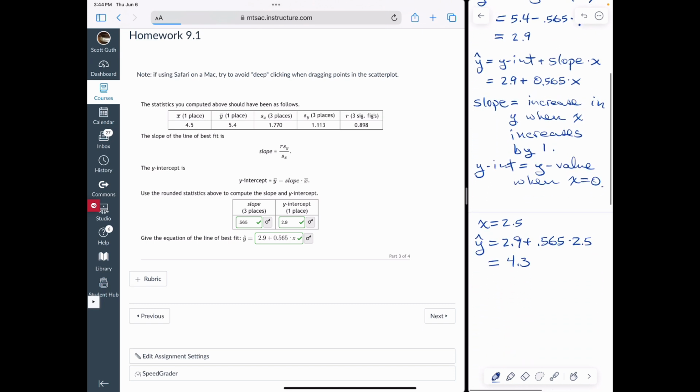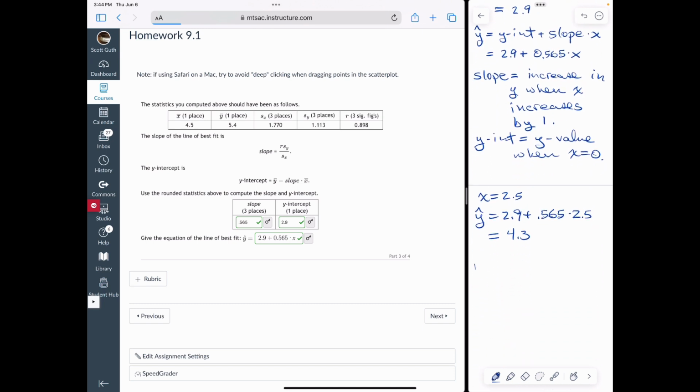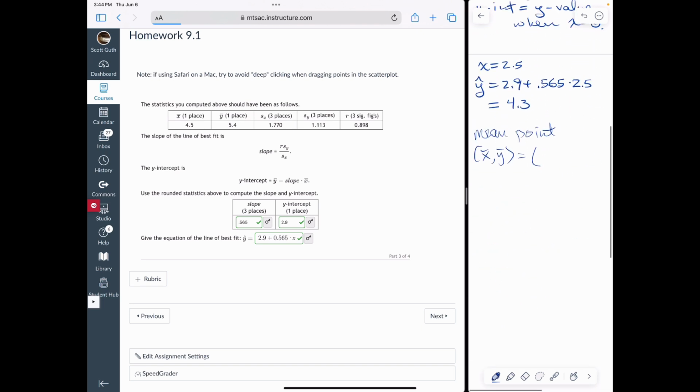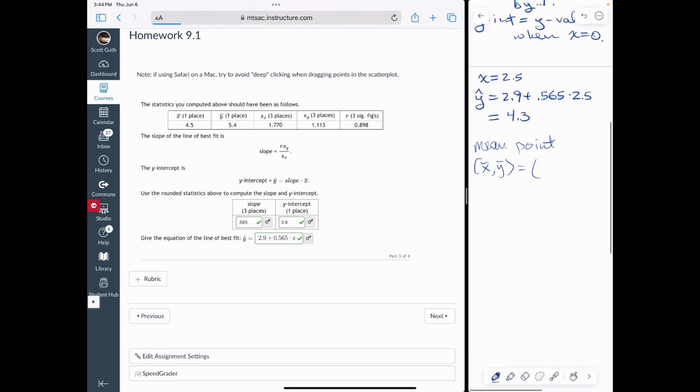So the mean point, that's x bar, y bar. Here again, x bar is 4.5, and y bar is 5.4. That's always on the line.